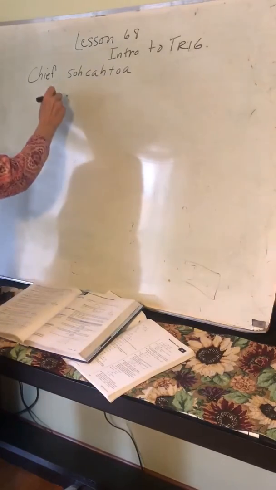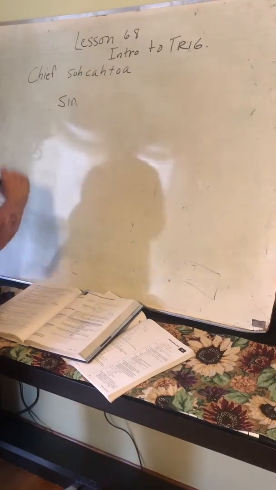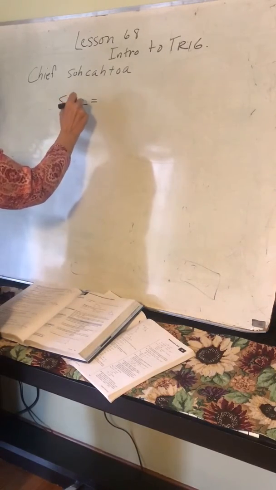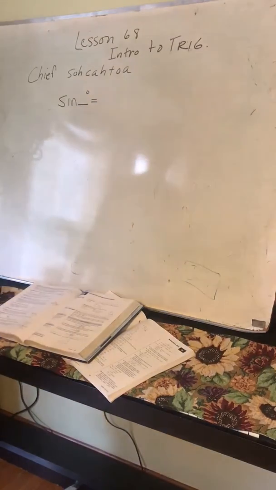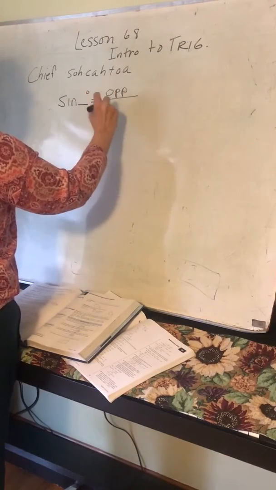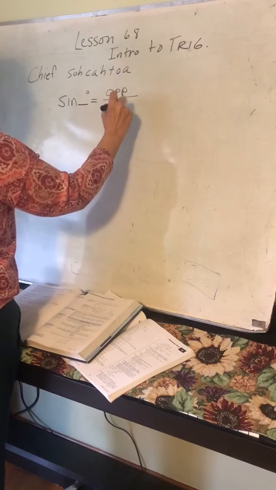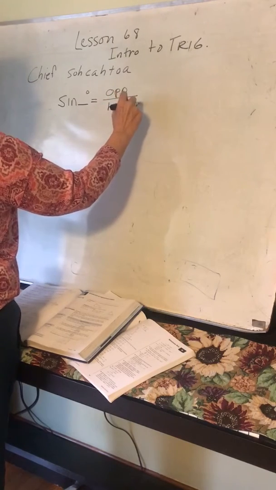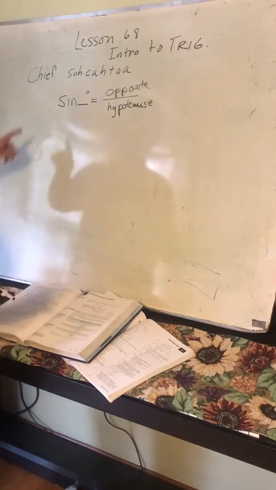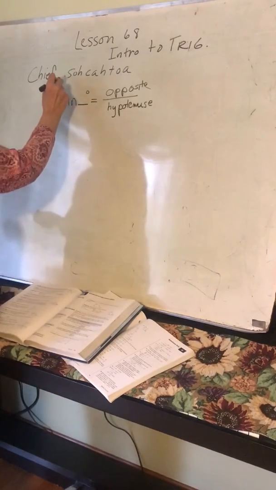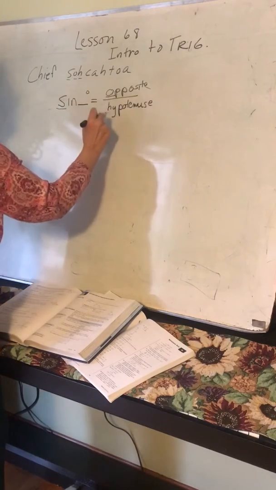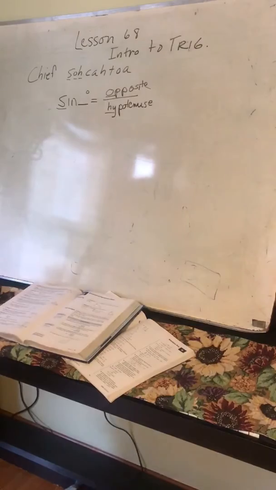The sine of a particular angle, the degree of an angle, is equal to the opposite side measurement over the hypotenuse measurement. And I'm going to show you how to compute those. So that is it right here, sine is opposite over hypotenuse.